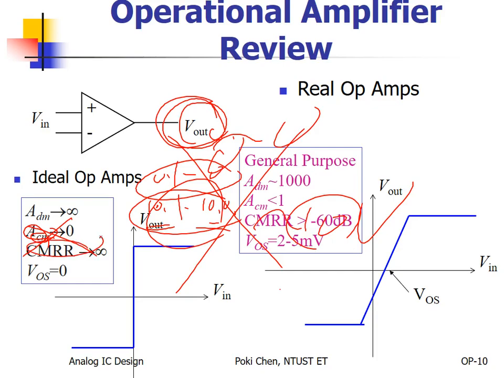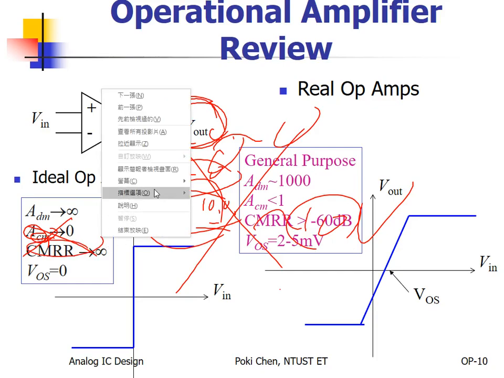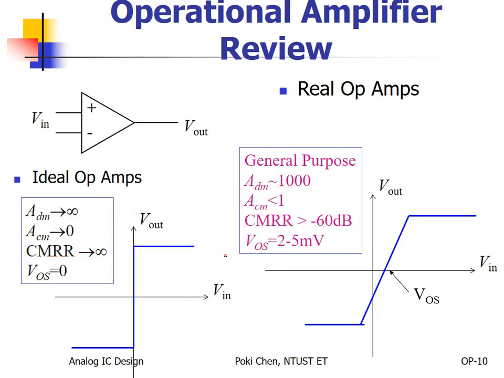And the other one is the common mode rejection ratio, 共模抑制比. It means what? We hope this one very large, that one very small. So how to assess, how to judge whether the op-amp design is good or not? Because we would like to amplify the difference very much.